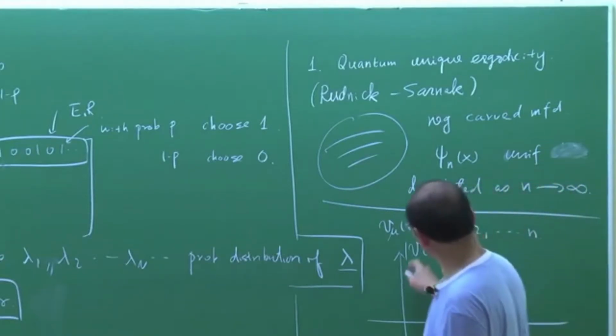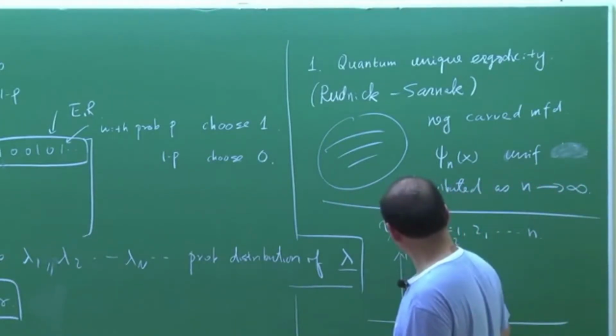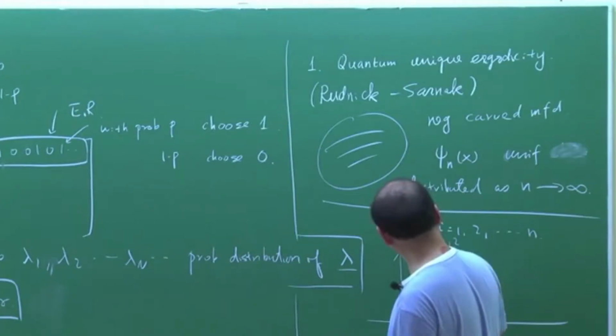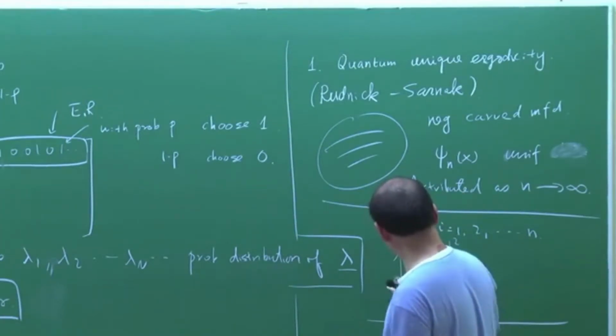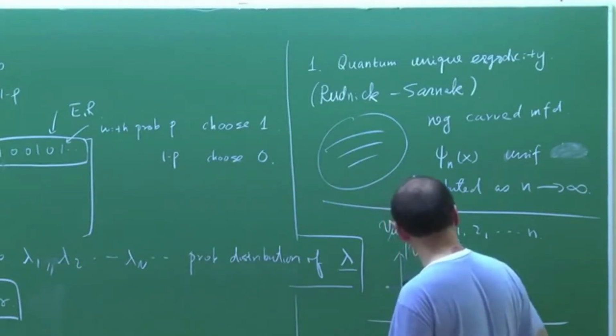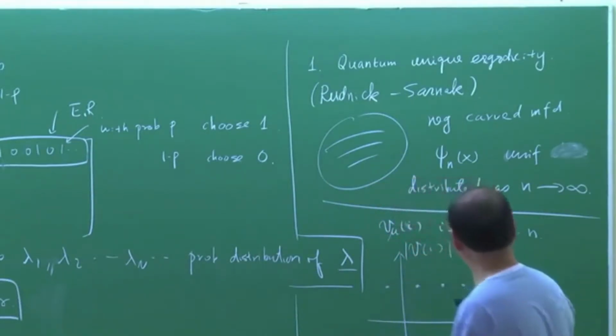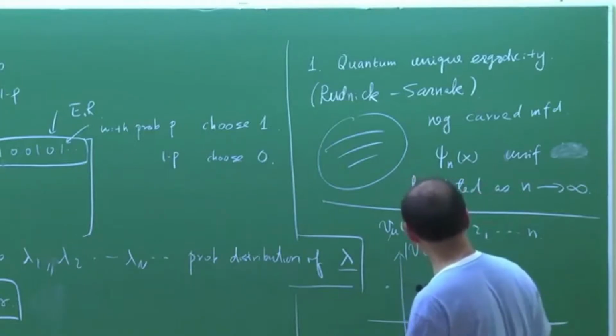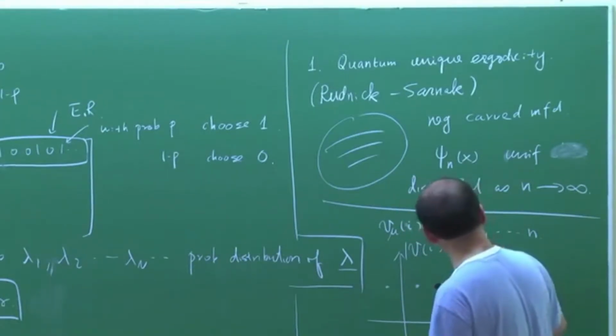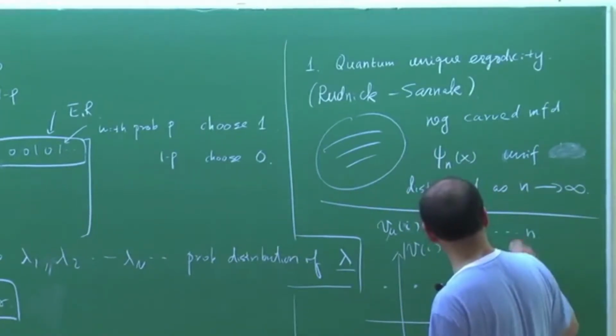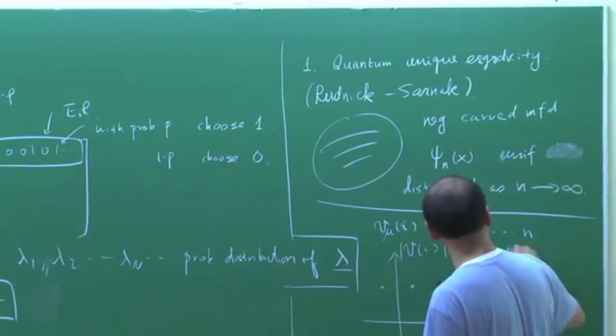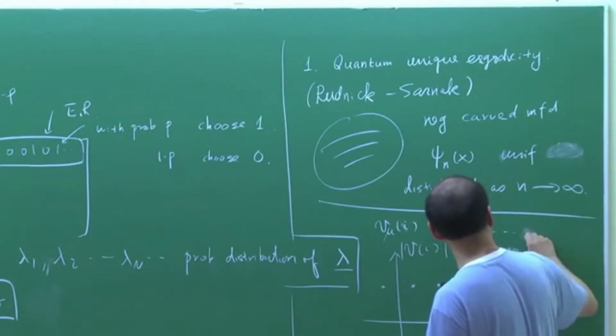The question is whether, for a typical eigenvector, as the graph becomes larger and larger, this will all go to a constant. Well, I should put a 1 to it.